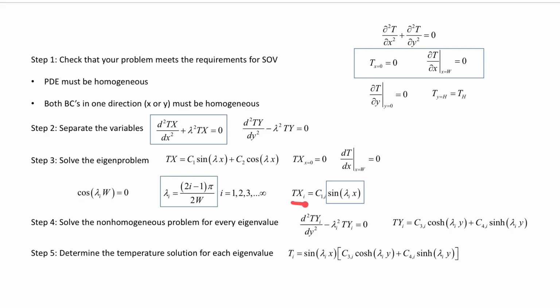So now for an ith temperature solution, we have an unknown constant C1I, and then we have our eigenfunction. Our eigenfunction is the original thing that came from the boundary conditions being enforced up here. So this is as far as we got, and hopefully looking at it a second time, you can see how we got to this point.